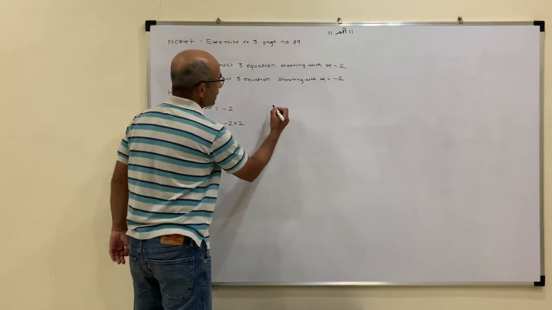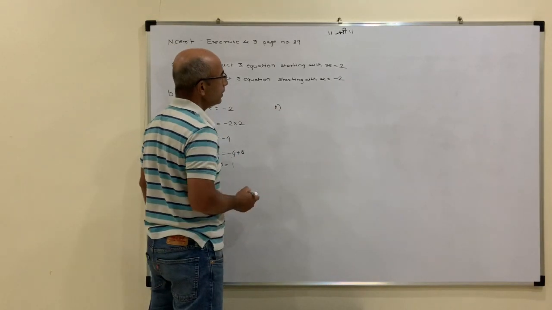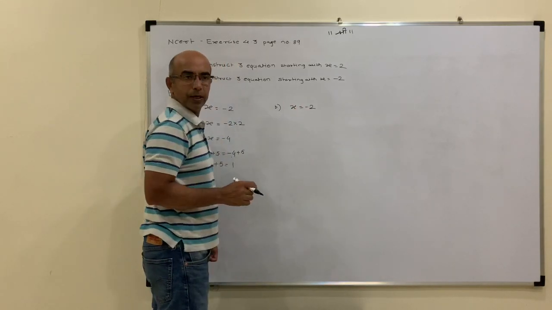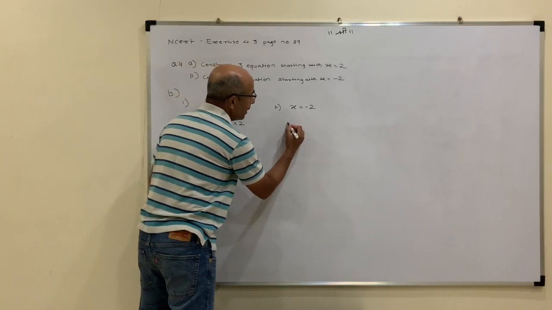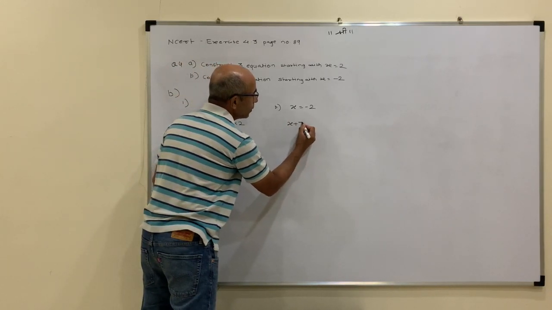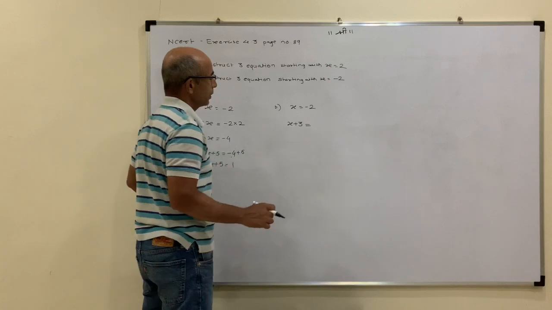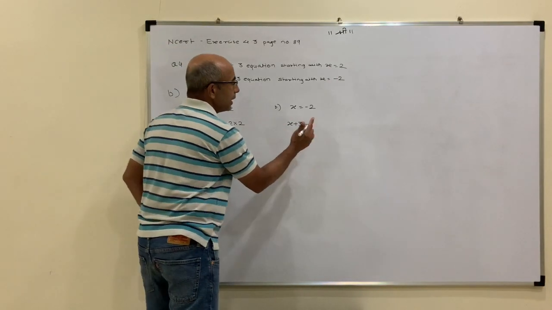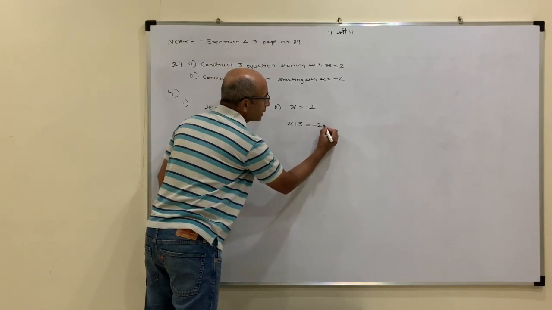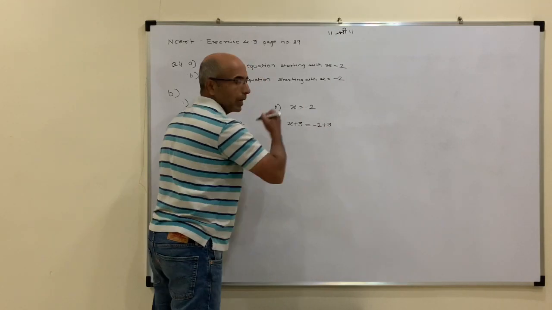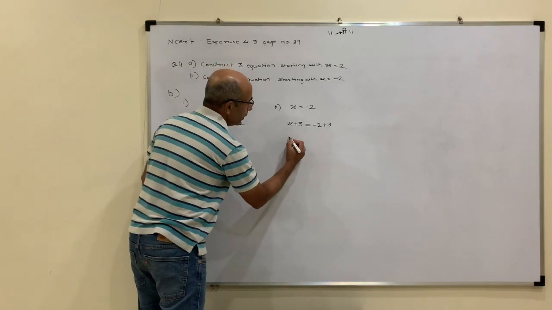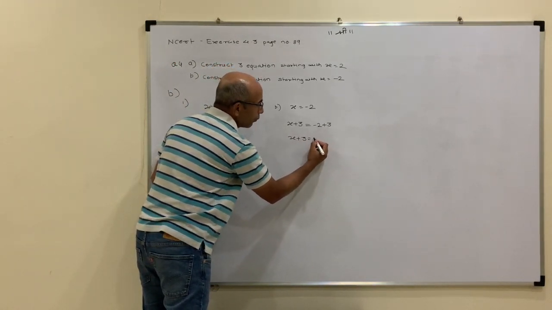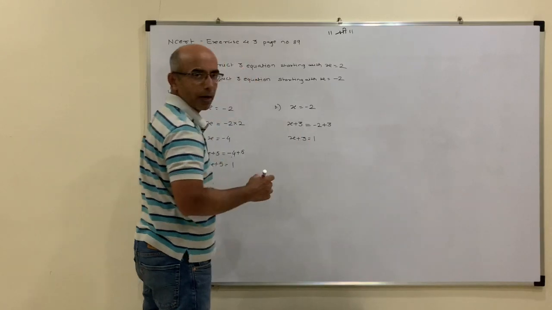Now my second equation which I am constructing, x equals minus 2. Here I am adding 3 to x. Since I have added 3 on the left hand side, to maintain the equality I have to add the same number on the right hand side. So the next step will be x plus 3 equals minus 2 plus 3, which is 1.